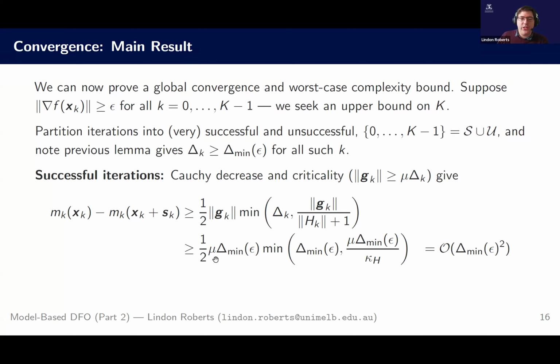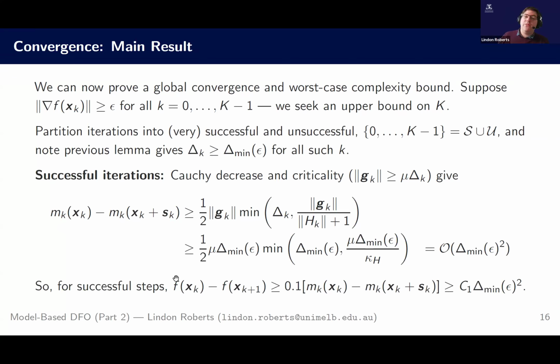So every time we've got a norm of g, I can replace that by mu times delta min, the lower bound. And the norm of h I can replace by this upper bound. And what this all together means is that the decrease in the model at every iteration, at least for successful iterations, because this criticality check only occurs for successful iterations, is at least proportional to delta min squared. So delta min is order epsilon. The decrease is proportional to order epsilon squared.